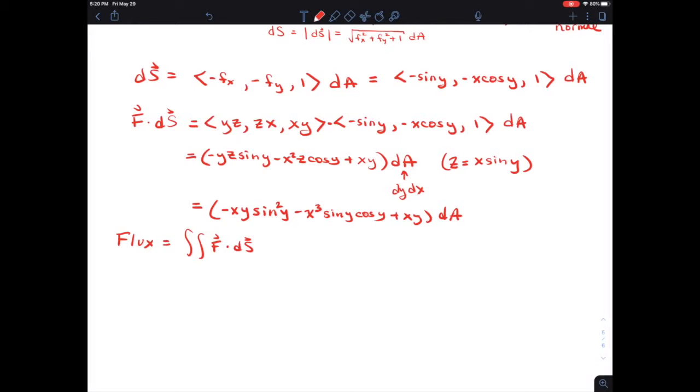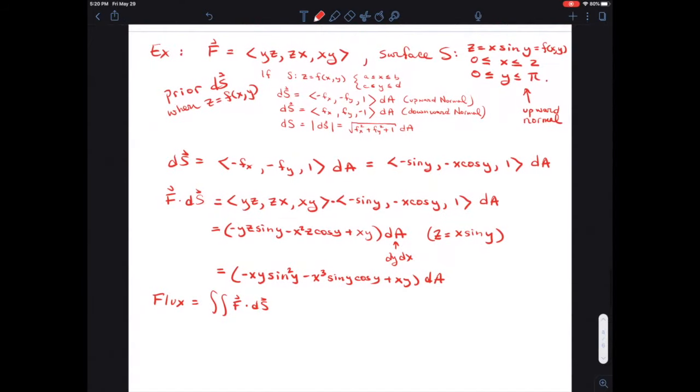It's easy enough to put limits on this. First of all, I got this over the surface, so now we'll put this into a double integral with this big mess in here. I don't think it really matters what order you do this in.